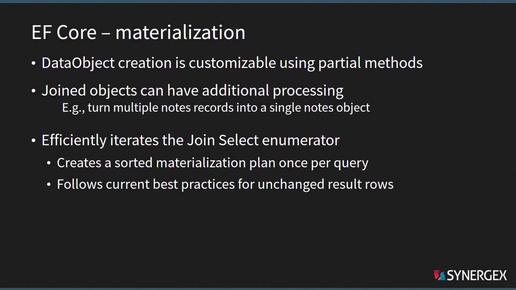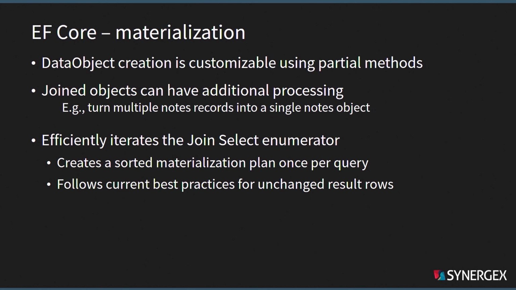So when we read your data, it is records, right? And Entity Framework and .NET doesn't really understand records. They're not a fundamental concept that other people have built into the framework. So we have to materialize your record into the data object that you're using to represent that record. That materialization is very customizable.